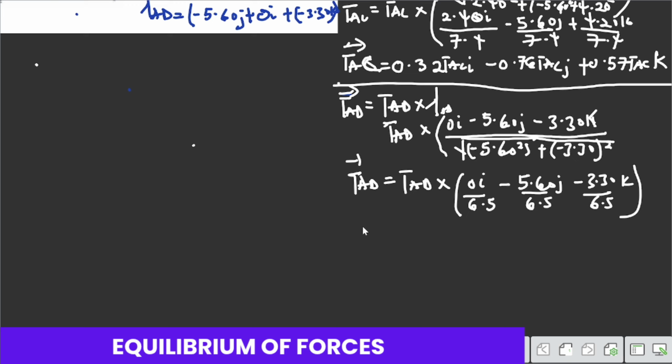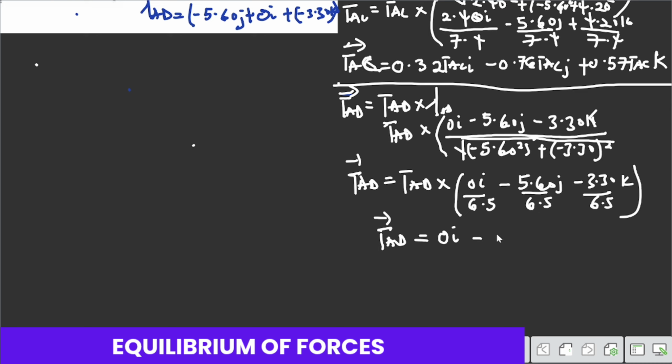So our TAD, in the vector form, is equal to, so we multiply this by this, and it becomes 0. So now we have the whole of this to be our 0I minus, so we're going to multiply this by this.